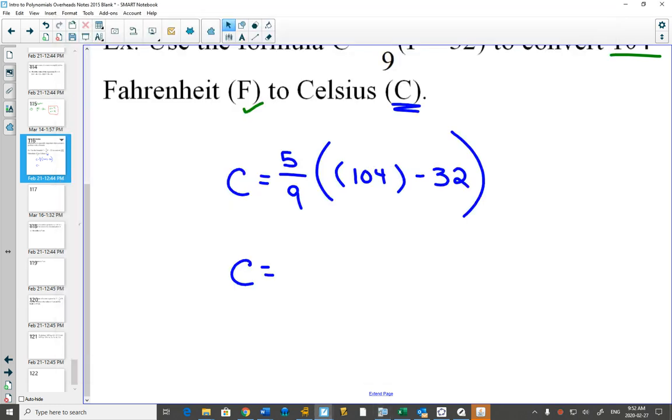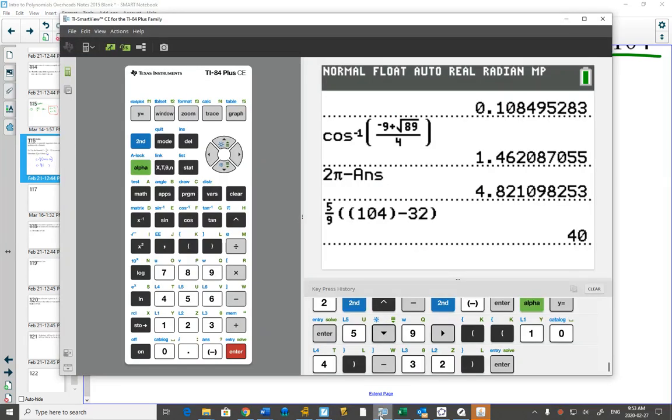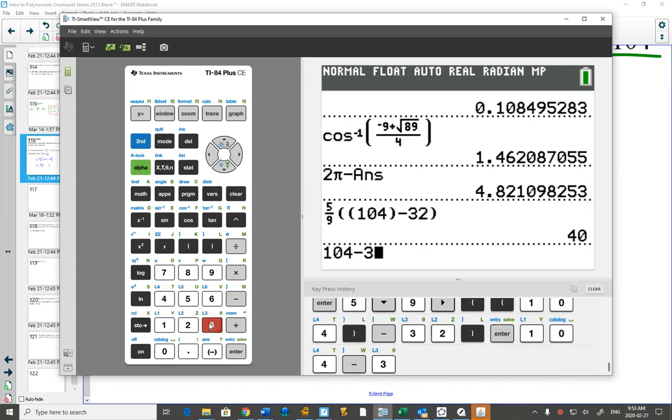If you are wanting to show some work and do order of operations, I would say do what's inside the brackets first. So if I did what's inside the brackets first, 104 minus 32, could go to my calculator for that as well.